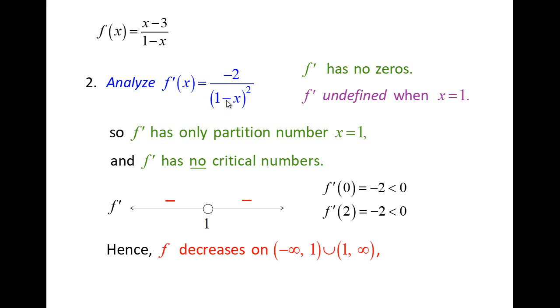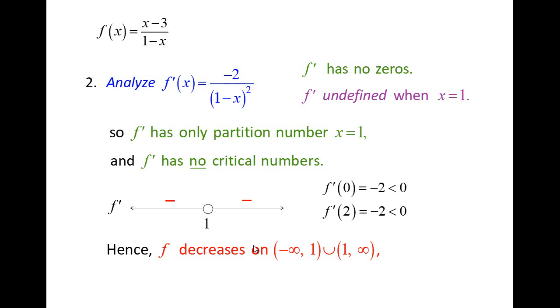So f is decreasing up to 1, and it is decreasing after 1. We should not write this from negative infinity to infinity because 1 is not included in the domain. This is exactly how we should express the set on which f is decreasing.